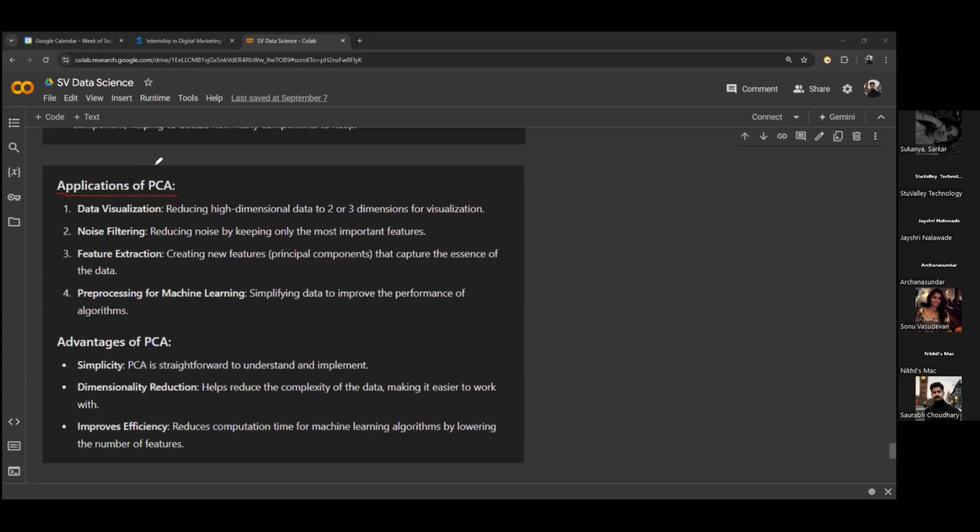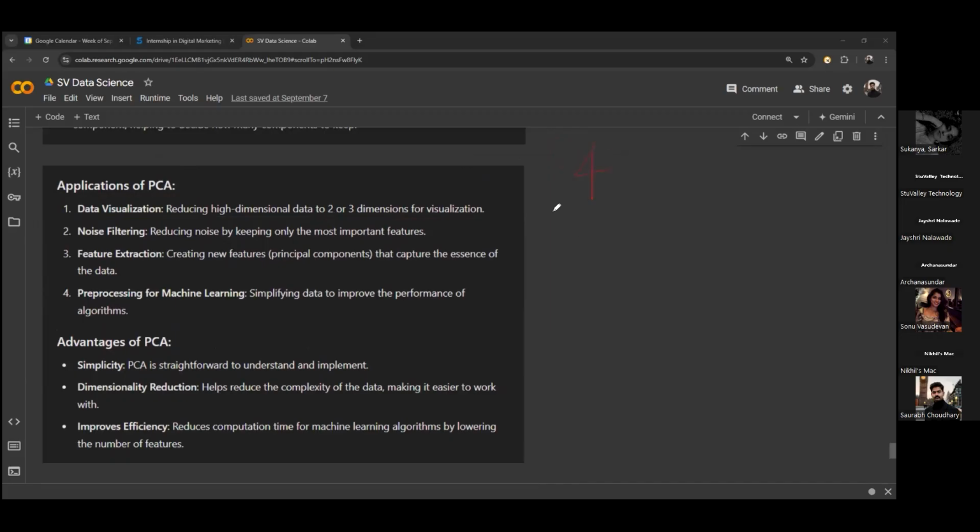Applications of PCA, like why we should use this. Basically, it reduces high dimensional data to 2 or 3 dimensions for visualizing. You can see that in the Penguin data, we have how many features? 4, right?